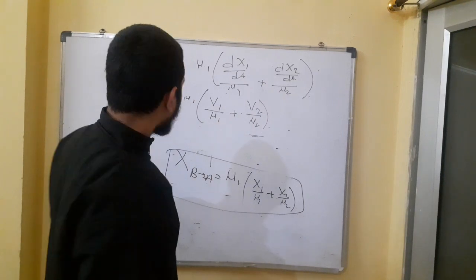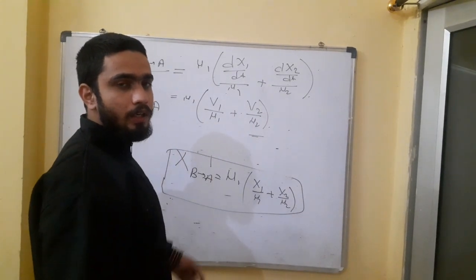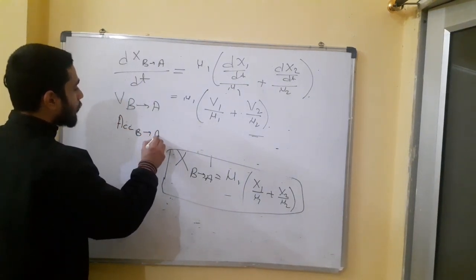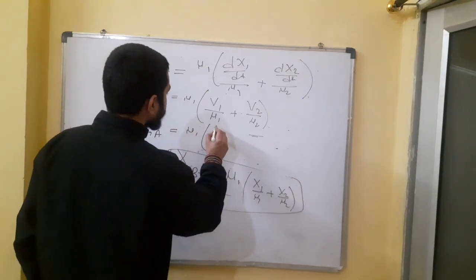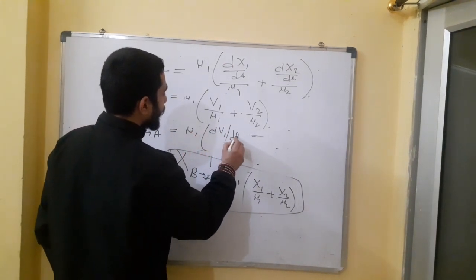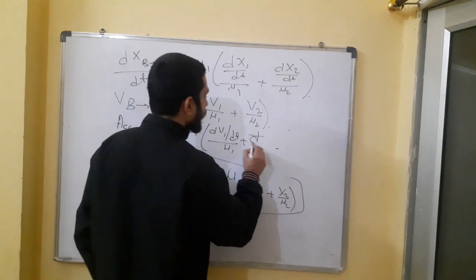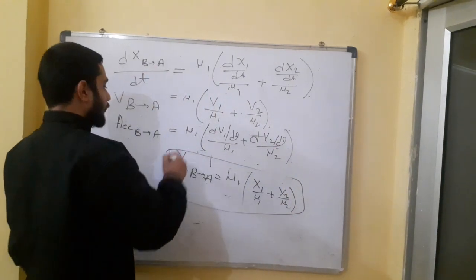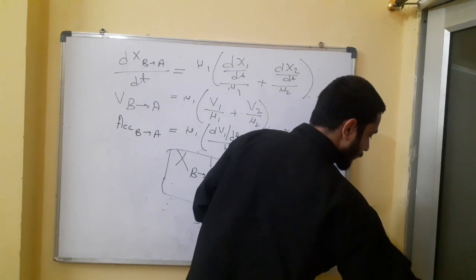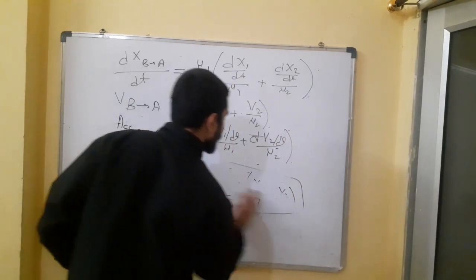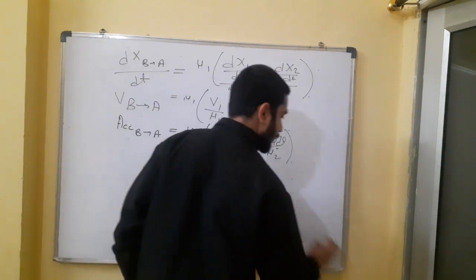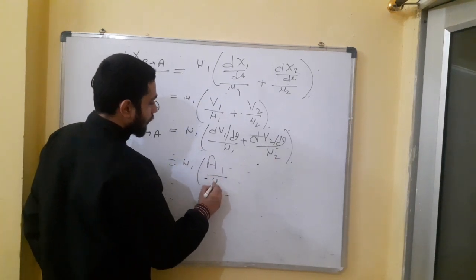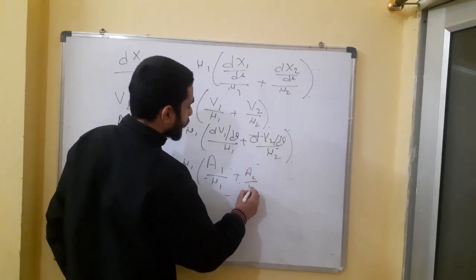If we differentiate again, to calculate the acceleration of B with respect to A, it will be mu1 into dv1 by dt by mu1 plus dv2 by dt by mu2, which is mu1 into a1 by mu1 plus a2 by mu2.